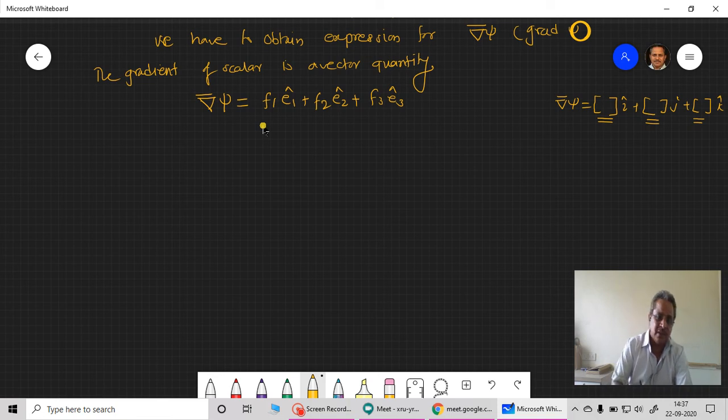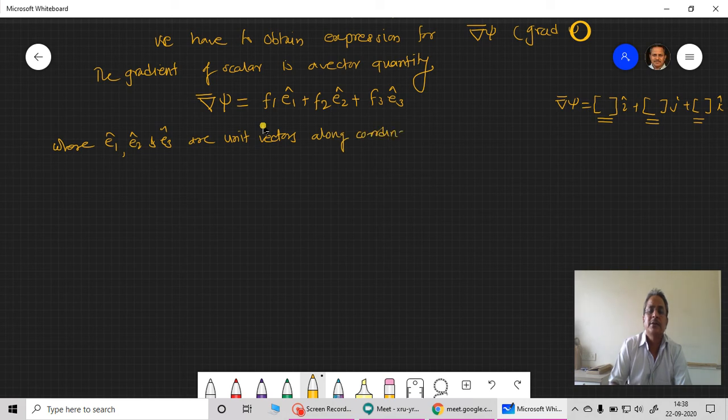Where e1 cap, e2 cap and e3 cap are unit vectors along the coordinates, and here also f1, f2 and f3 are components of grad psi, and we have to determine these.